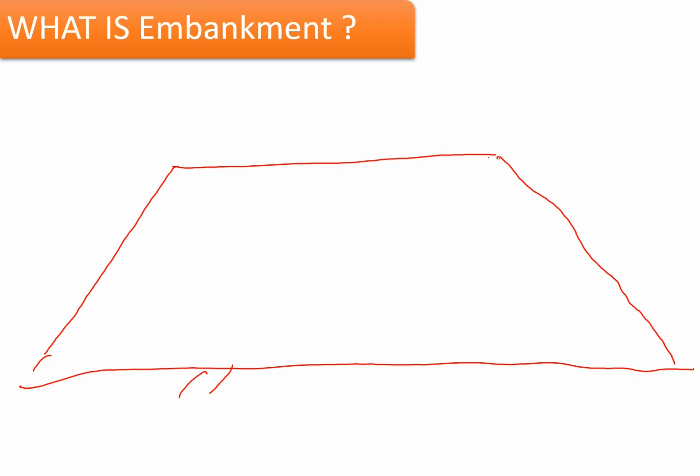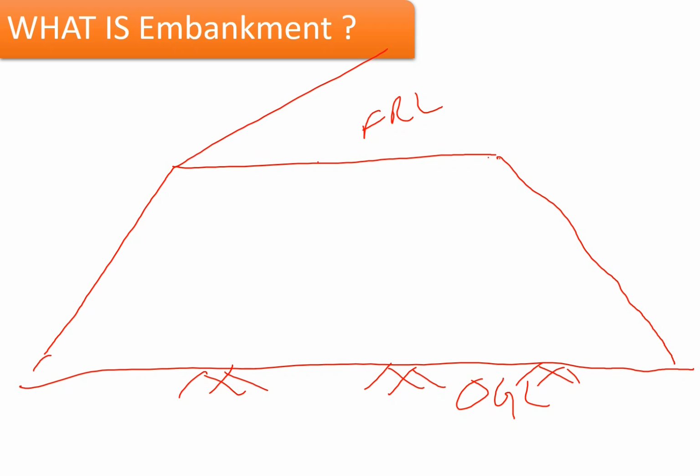We call it OGL, and this is your finished road level, or FRL. This is your center line. So this is basically the cross section of the road, and then this is the crust thickness. We call it CT.